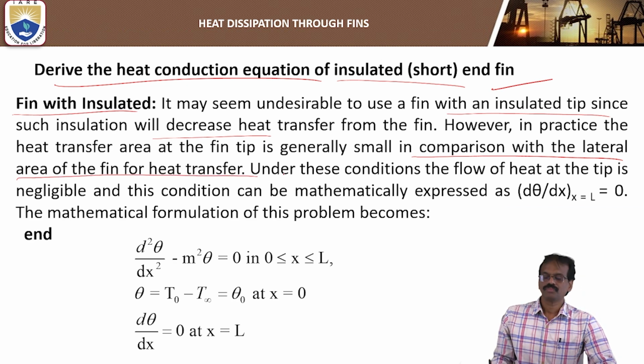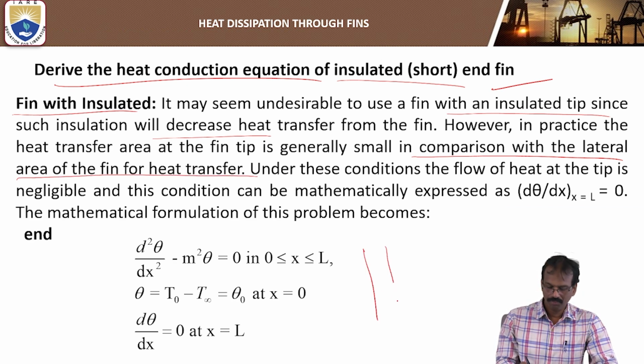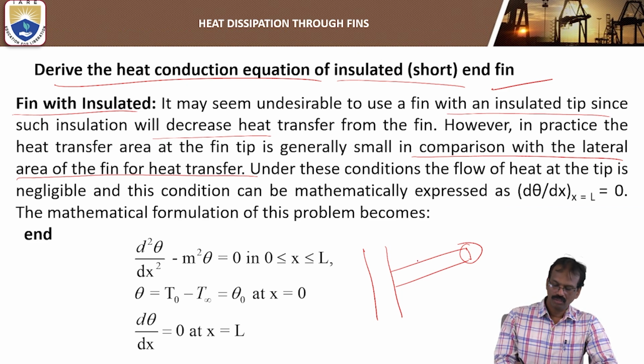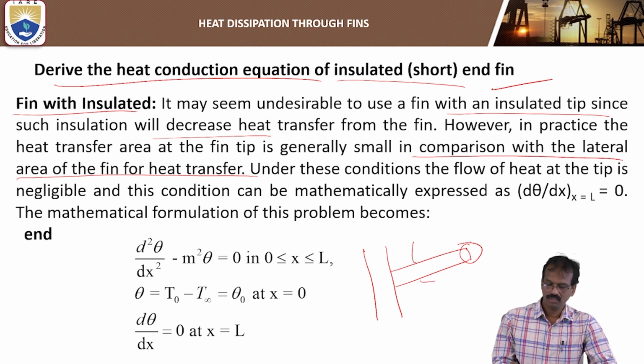So this is the base surface. You can see this is the fin. At the end, the heat transfer rate is very less compared to the heat transfer by the surrounding surfaces by convection. Here is the conduction process. So under these conditions, the flow of heat at the tip is negligible.